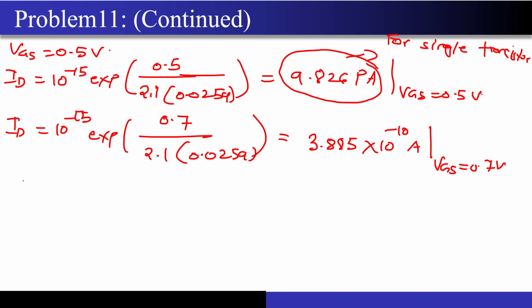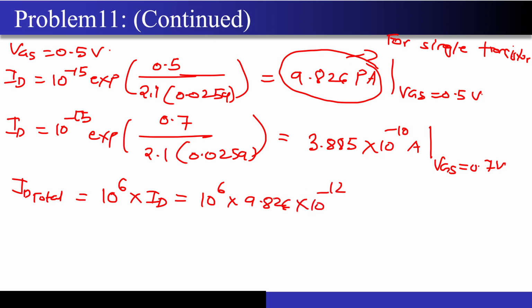Now if I calculate ID total, how many transistors do I have? 10 to the power 6. So ID total will be 10 to the power 6 into ID. So 10 to the power 6 into 9.826 picoamperes, which is 10 to the power minus 12, becomes 9.826 microamperes.